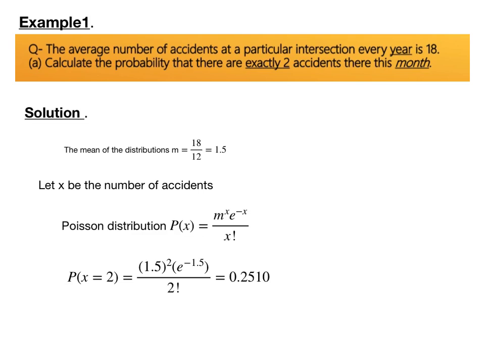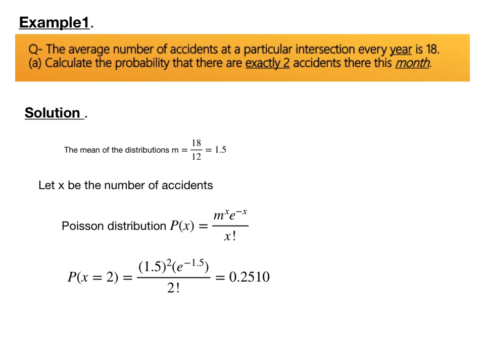The mean of the distribution m: it is given that accidents every year are 18, and since in a year there are 12 months, the mean is 18 by 12. That gives 1.5.